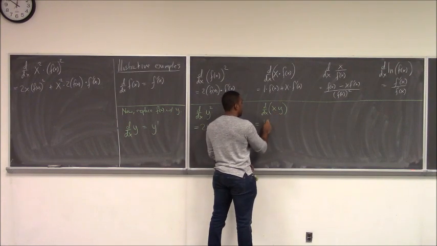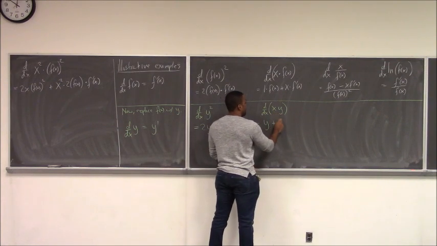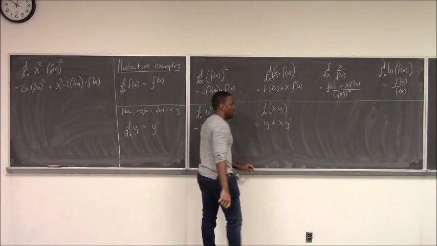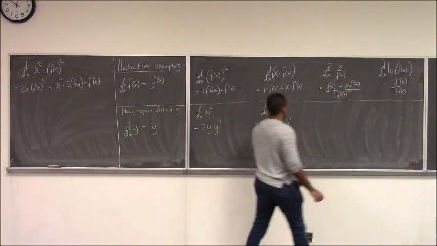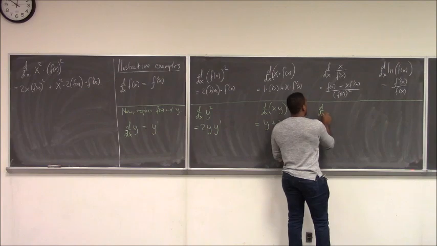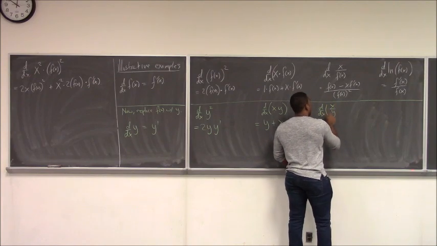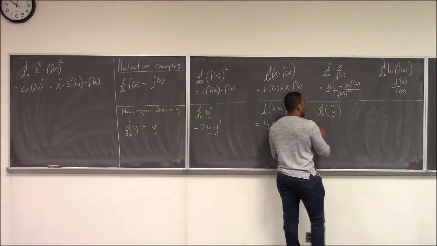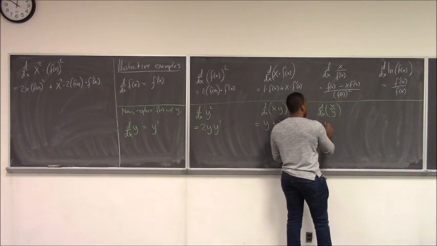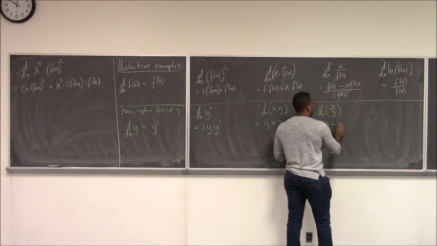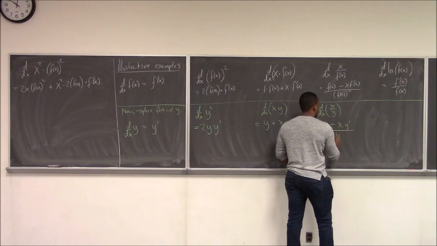Differentiate this, leave that, plus leave this, differentiate that. If I wanted to find the derivative of x divided by y, well, that's just the quotient rule. It's the bottom times the derivative of the top minus the top times the derivative of the bottom over the bottom squared.